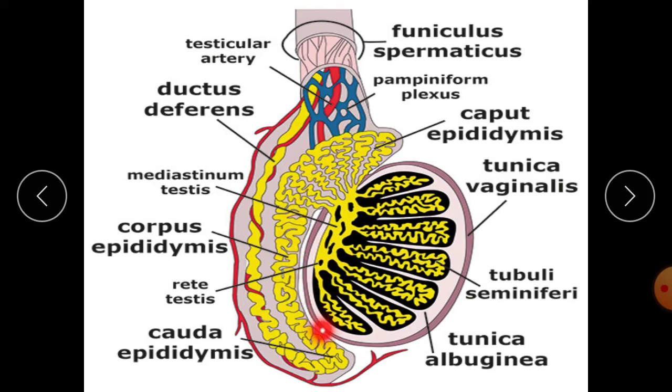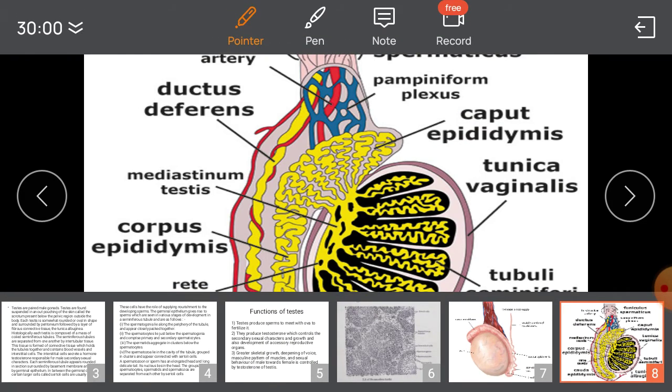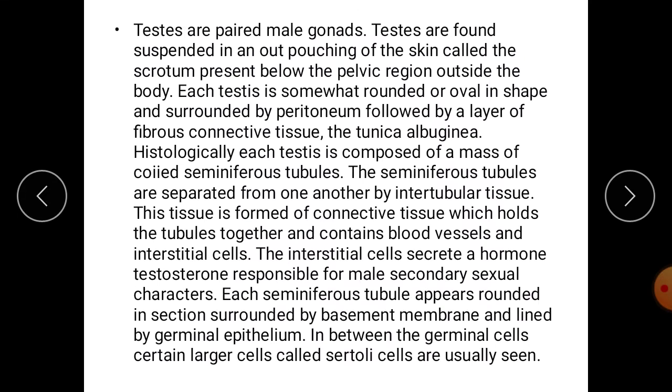This part is epididymis, and this one is vas deferens. Vasa deferentia is plural, vas deferens singular. So this is scrotum. Okay, next.